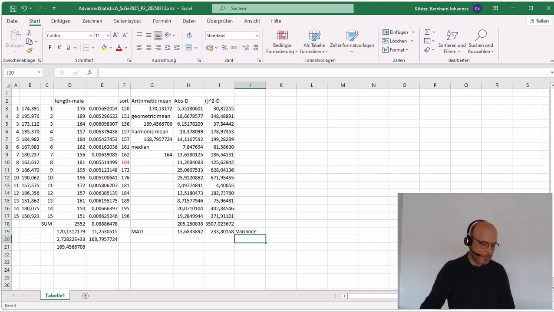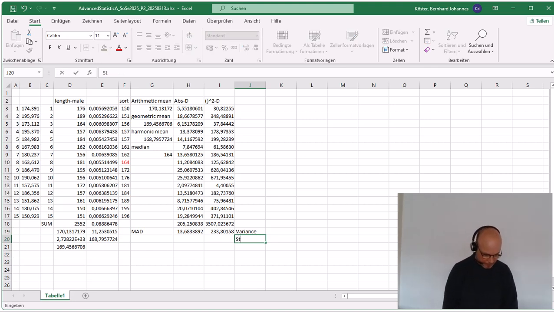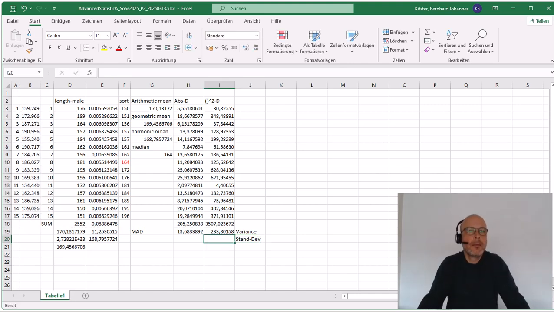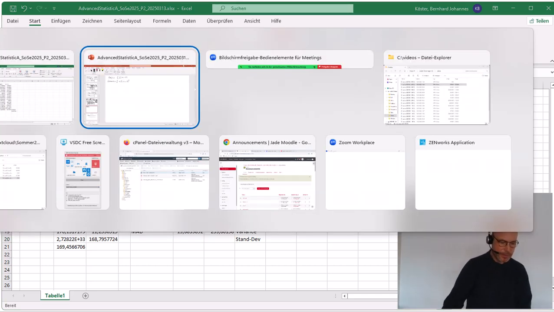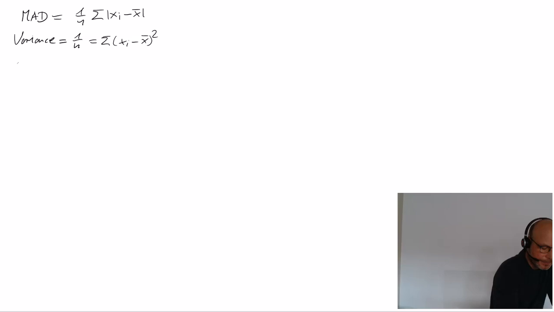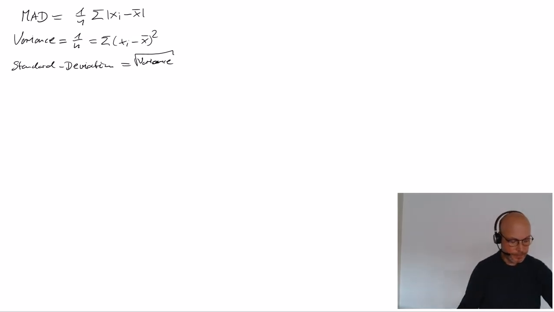Standard deviation is what? Well, standard deviation is just the root of the variance.